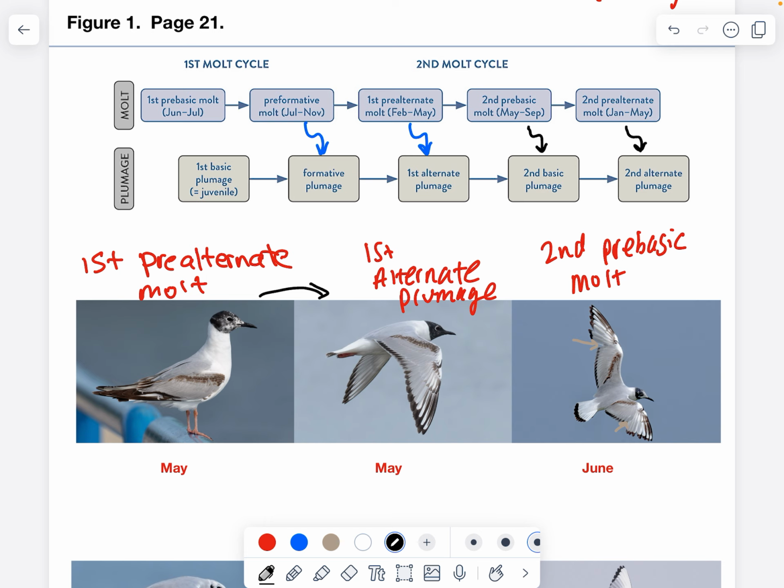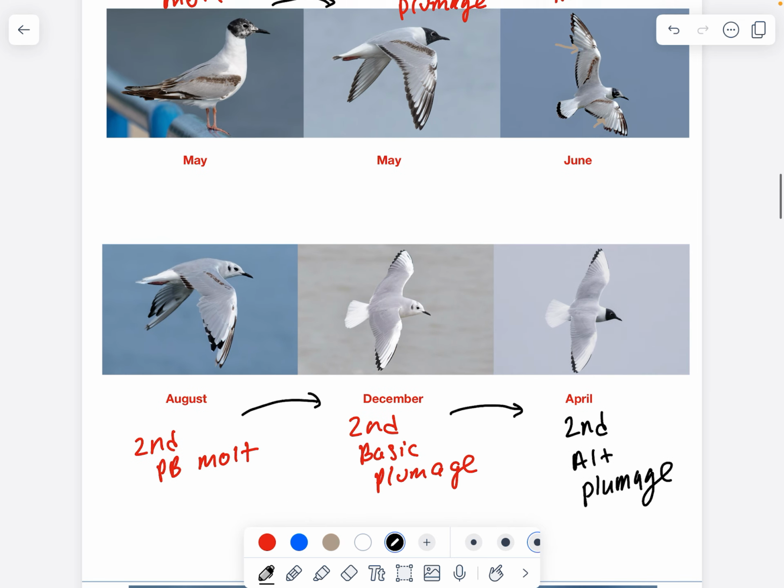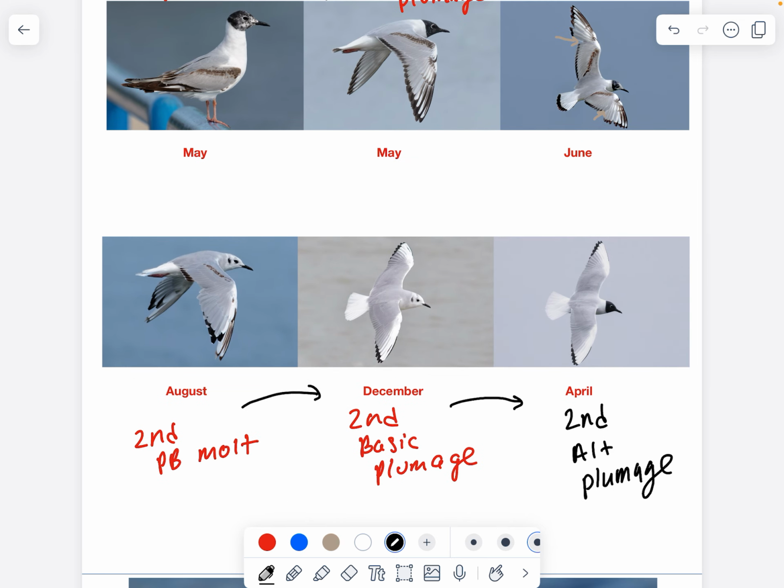Second pre-alternate molt results in second alternate plumage. By second basic, second alternate, we really have no way of knowing if this Bonaparte's is 2 years old or 15 years old. They all more or less reach stasis, and they will continue to alternate from one basic plumage to an alternate plumage and so on and so forth.